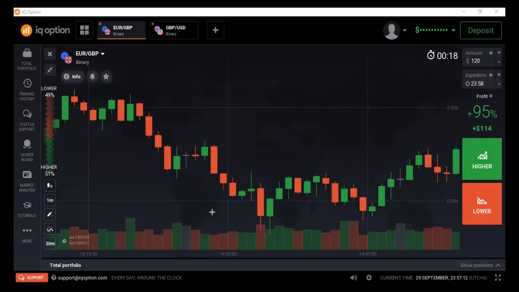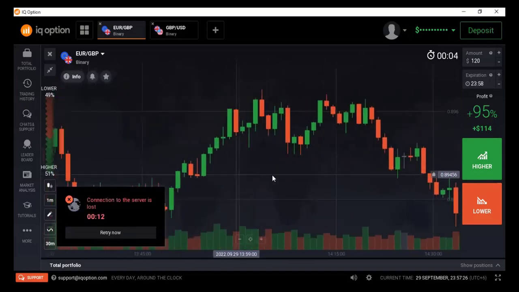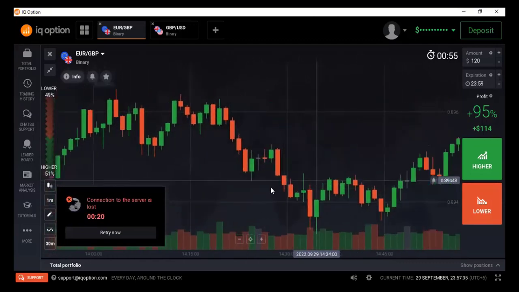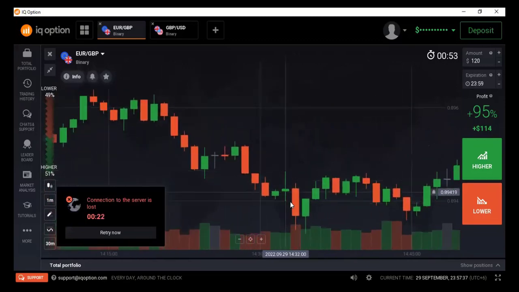Because at a round number level, if we check the previous history of the market, we will find so many reversals and rejections. Okay, I'm checking, then it will be very clear to everybody. Yes, see, so many times the market reversed and rejected. That's why this type of round number level is a strong level. We have to take this type of round number level as a strong level.